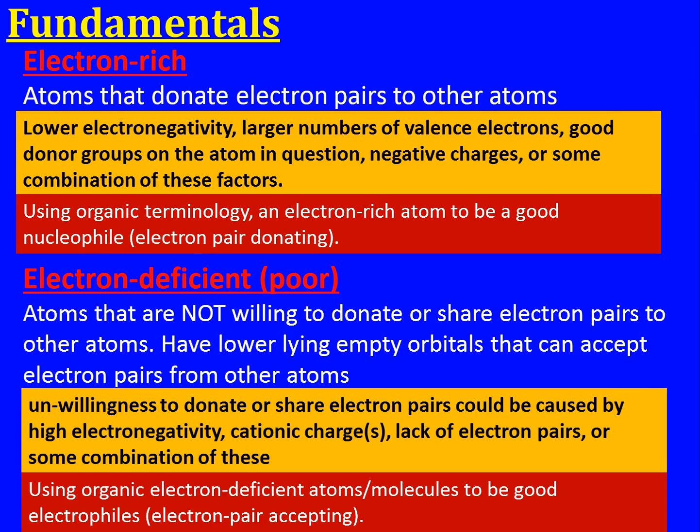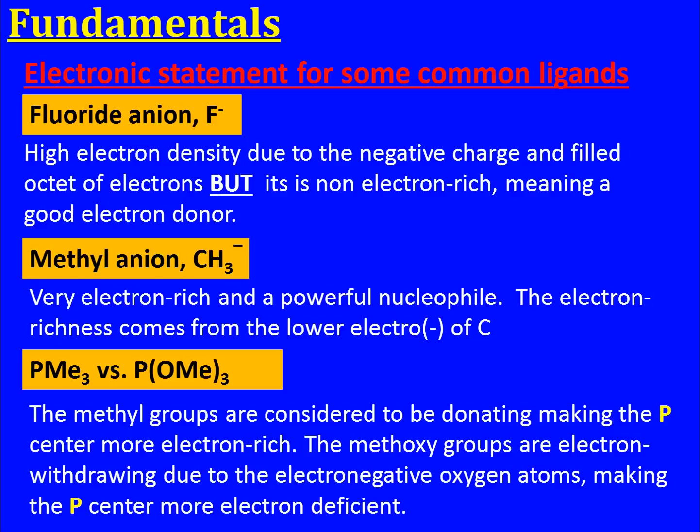And a ligand that is a poor donor in general contains a binding site or an atom of high electronegativity. We will have some examples about the donation of ligands. Consider, for example, the fluoride anion F minus. F minus has a charge of 1 minus and is a 2-electron donor.